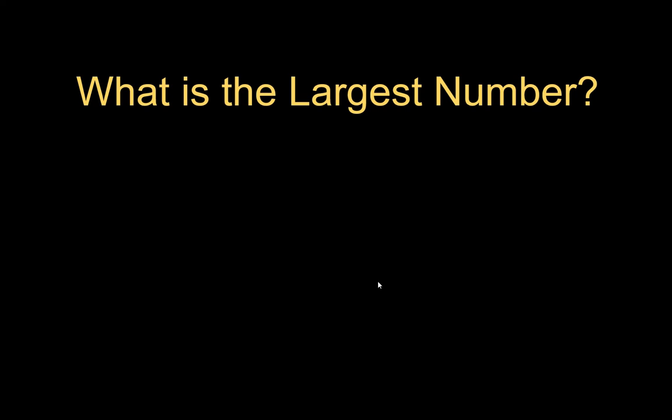Hopefully it was easy. It was easy for me; some people might find it easier and some might find it difficult. But the idea was we went through this set of numbers one by one. The way that I went through it was I saw 3 and I said, okay, 3 is the largest number right now.